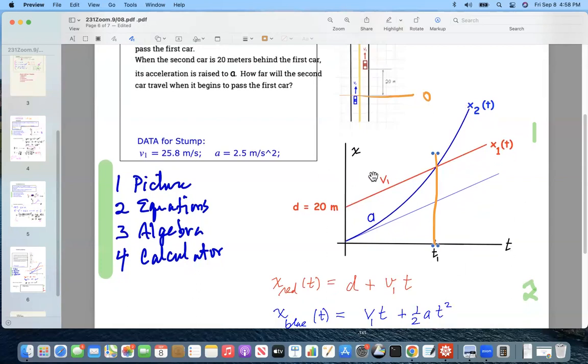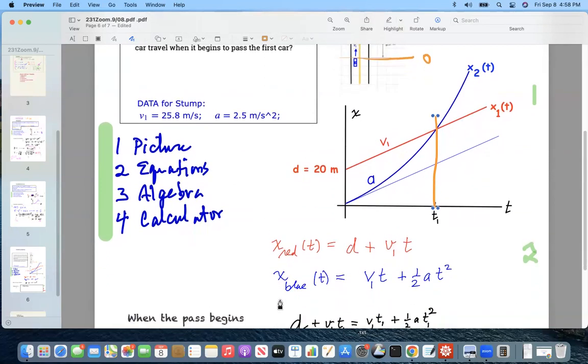And I've even sort of analyzed what's going on just by using the picture. Step 2 is to write the equations. Well, I can write the equation for the position of the red car. x of t is d plus v1t. And I can write down the coordinate for the blue car as a function of time. It's v1t plus 1/2 at squared.